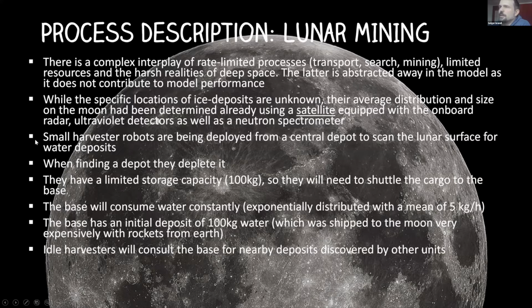What we can then try to model is this harvesting process, where we have some kind of base where we deploy our harvesting robots, and they scan the surface for deposits. Once they find one, they mine it, deplete it, and bring back the cargo to the base. Clearly, each miner has a limited storage capacity, so they will need to constantly shuttle to the base.